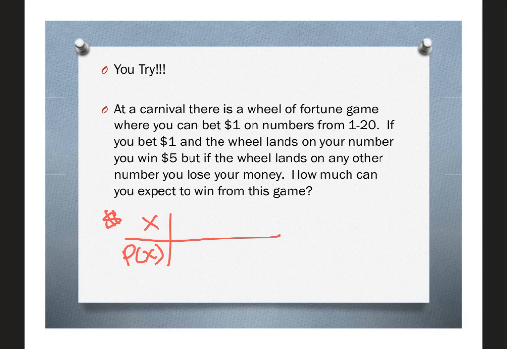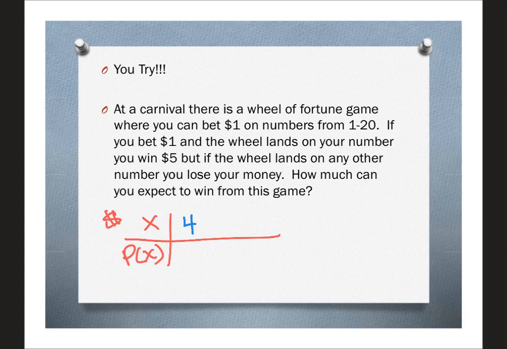Let's say you win, you're getting $5 in return, but that really only means that you really won $4. So here is going to be a 4. Instead of winning $5, you're actually winning 4 because you spent $1 playing.